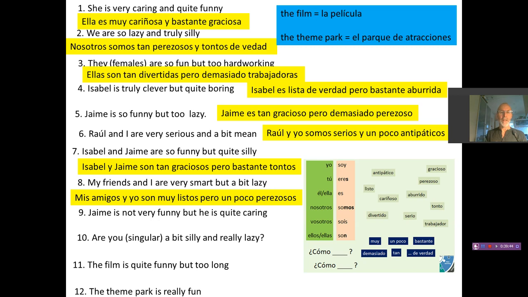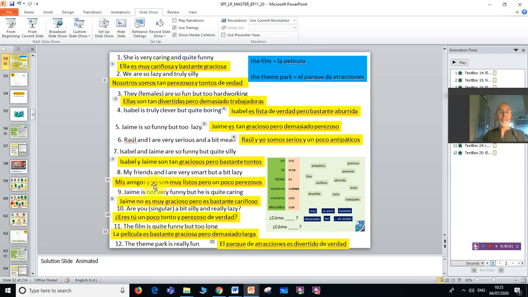We, wouldn't we? And in fact, if you were on the ball today, you will spot my deliberate mistake, because mis amigos y yo would not be followed by son. It would be mis amigos y yo somos is what you should have had. So well done if you got that right, and a slap on the wrist for me because I got it wrong.